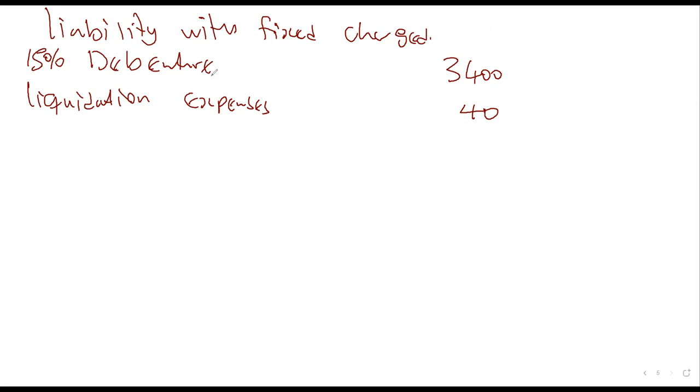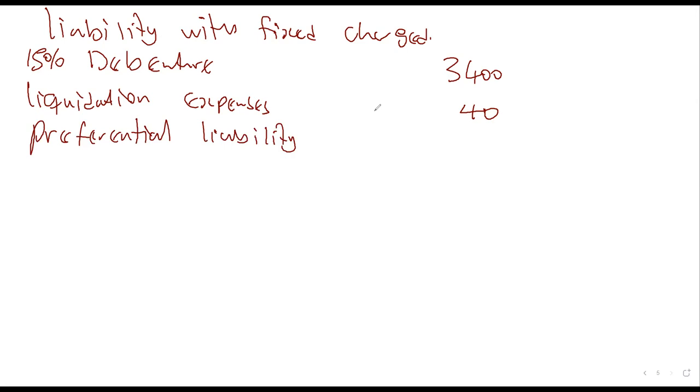Take notice of that. The third one is called preferential liabilities, or preferential creditors. Examples of preferential liabilities are statutory owings, like taxes.